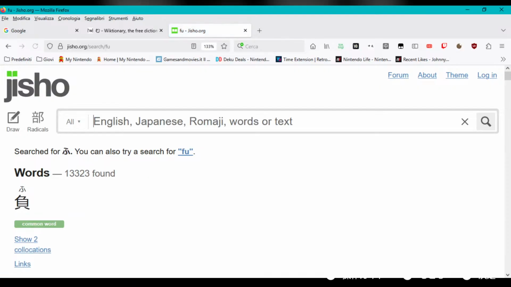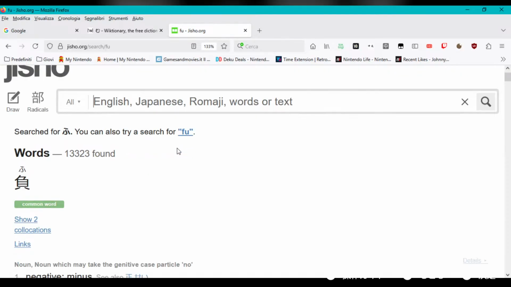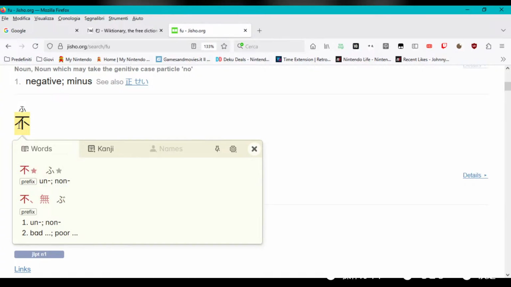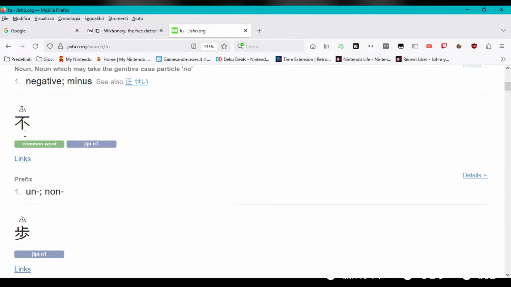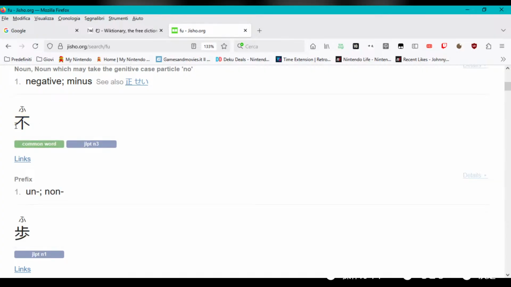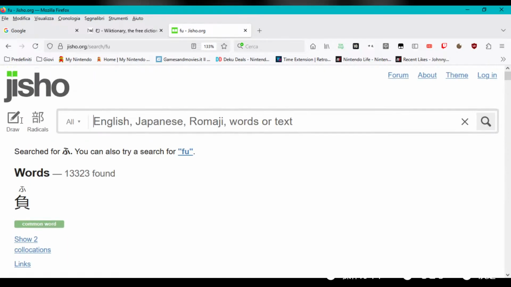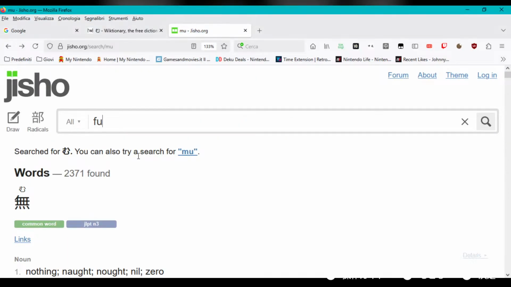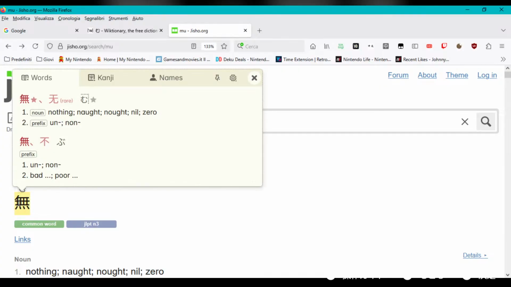The good thing is that by seeing it now, we can compare the two. This one, fu, also unknown, but this is a more generic negation. Isn't that way. The other one, usually bu, mu, means the absence of something.